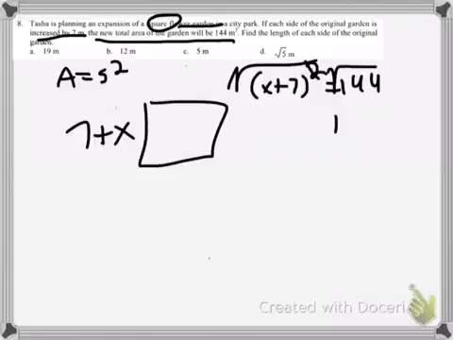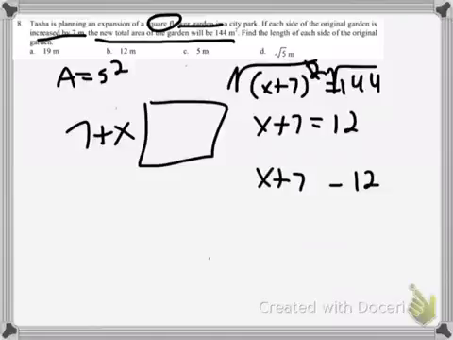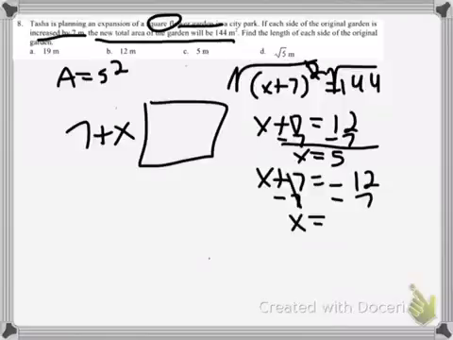Right here we're going to get 12 and negative 12. X plus 7, subtract 7, x equals 5, subtract 7, equals negative 19. So we're going to use 5, so we plug that back in there. 7 plus 5 is 12.